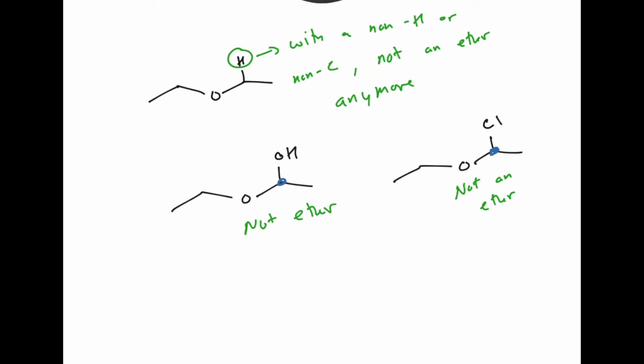Now, you can have, right, this still an ether. I can put a bunch of carbons there, that's fine. But when you start putting heteroatoms, oxygens, nitrogens, halogens, they stop being ethers because they behave differently.